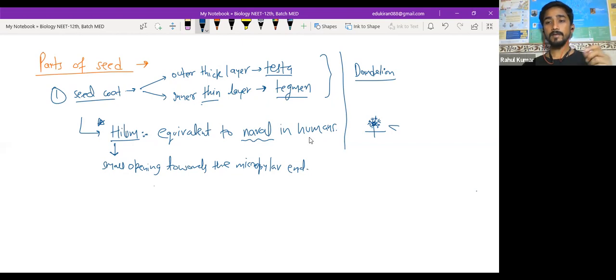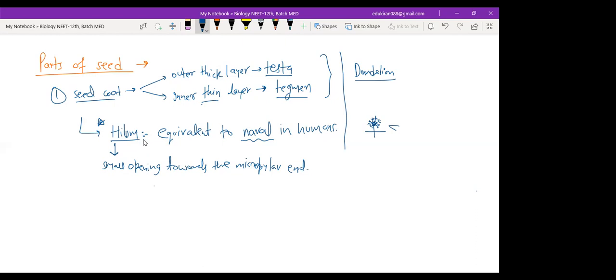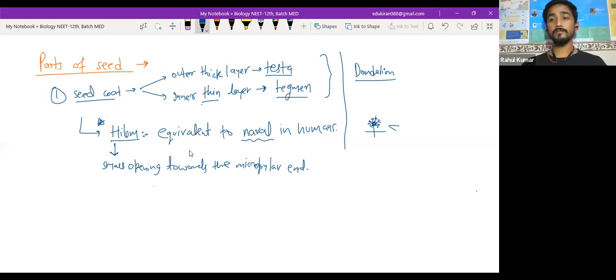The navel is the belly button, right? Where the umbilical cord was attached when we were an embryo inside our mother's womb. Everyone? Yes, sir. When we talk about equivalent organs, it's with respect to structure or function. So hilum in a seed is equivalent to the navel in a human embryo. This has been asked once.